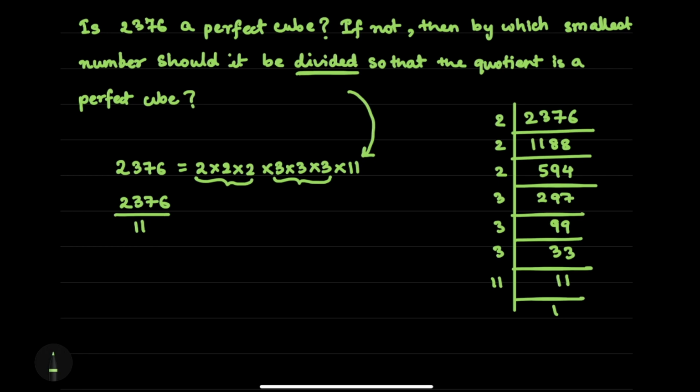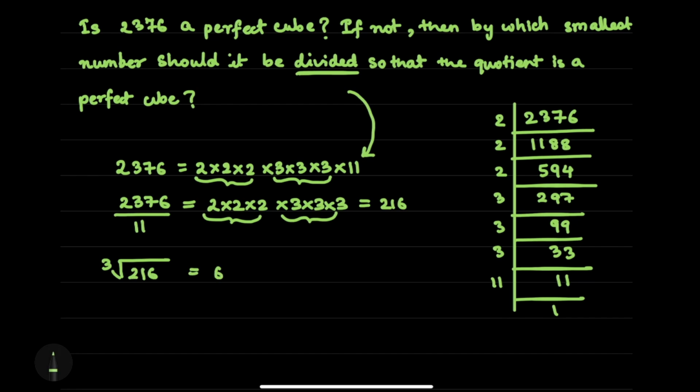Let's see what comes out. When we divide by 11, we get 2 into 2 into 2 into 3 into 3 into 3, and the 11 is gone. So this number becomes 216, which is the perfect cube of 6. That's how we get here.